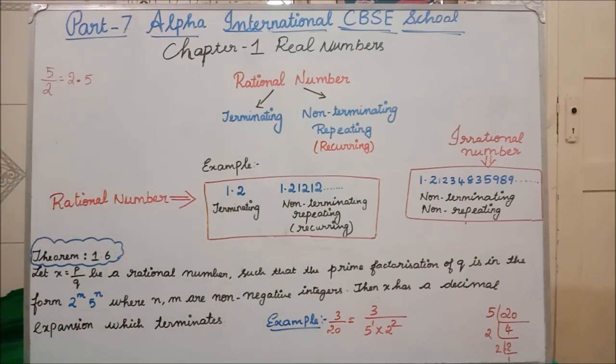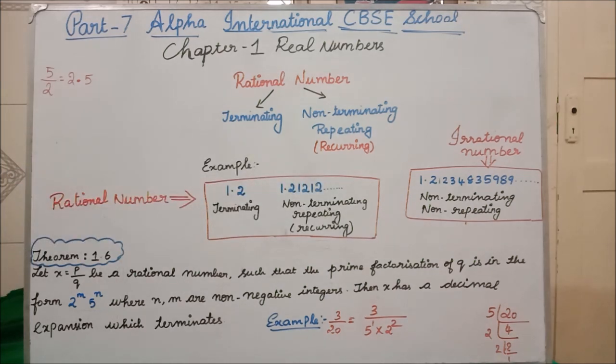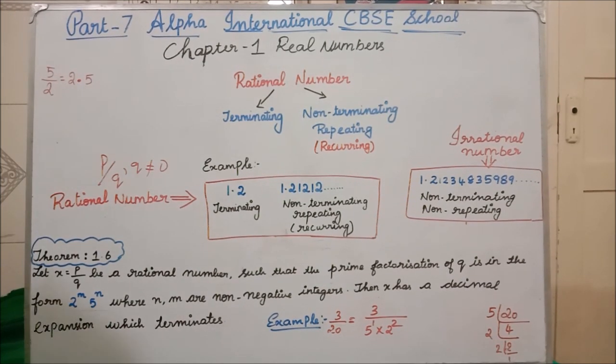Now, what is an irrational number? I told you before that a rational number can be written in the form p by q, where the denominator q should not be equal to 0. These two kinds of numbers we can write in the form p by q. But an irrational number we cannot write in the form p by q.